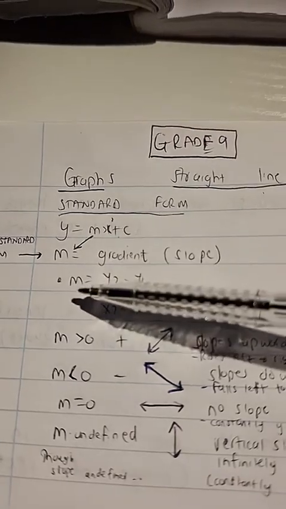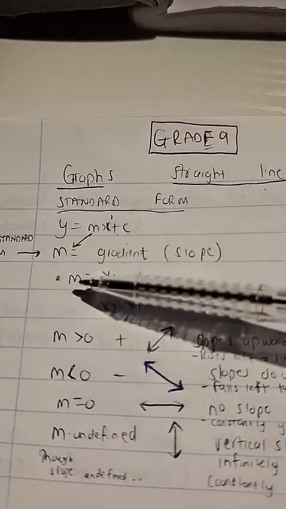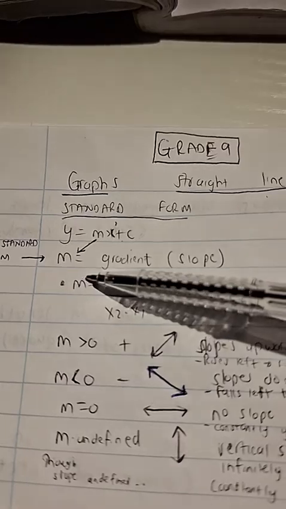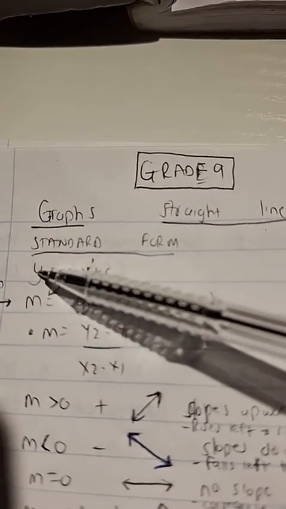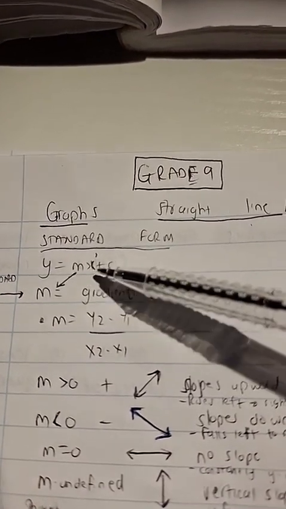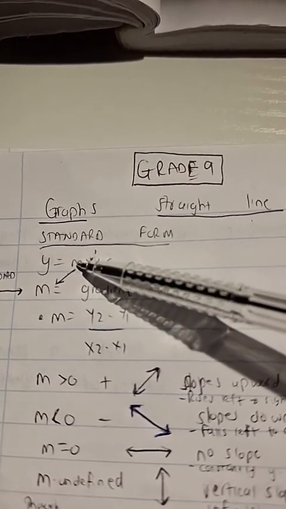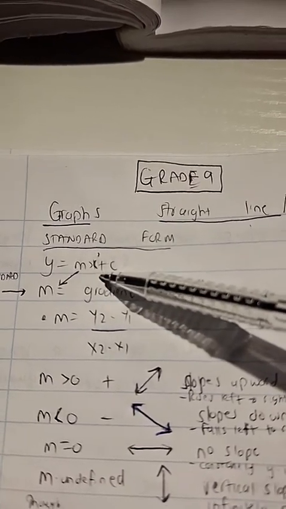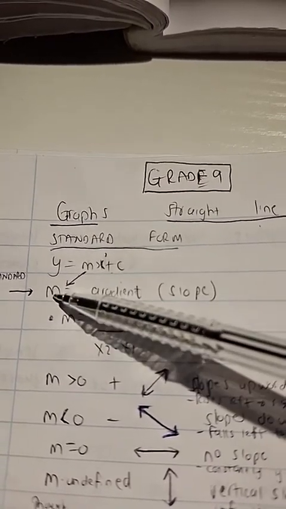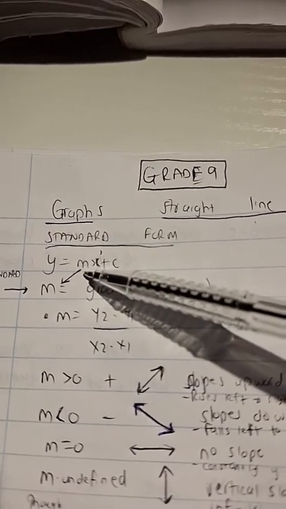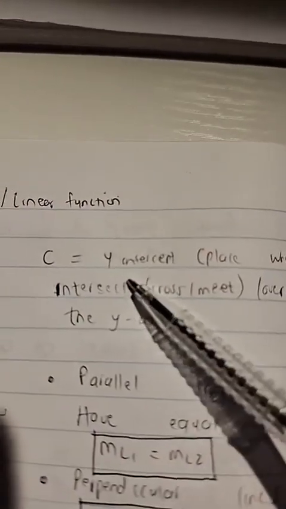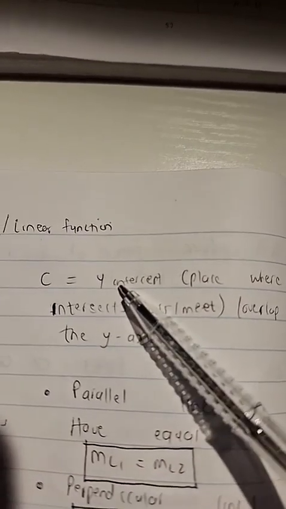But as I said, whenever the equation of a straight line function is in standard form, we can actually read from the standard form what the gradient is, because the m value points to the gradient. The c value, on the other hand, speaks to something else, which we refer to as the y-intercept.